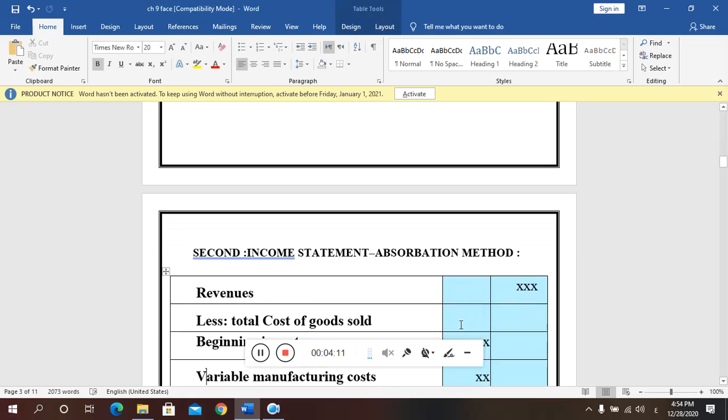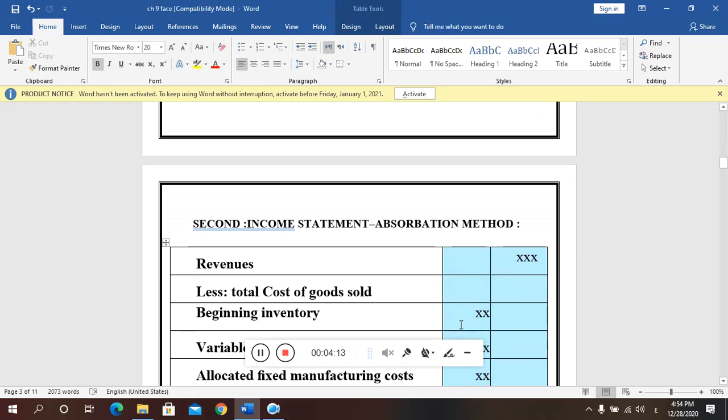The next figure is the income statement also, but under the absorption method. Under the absorption method, as we said before, it includes all costs, fixed and variable. So here the income statement will be as follows: revenues minus total cost of goods sold, not variable.